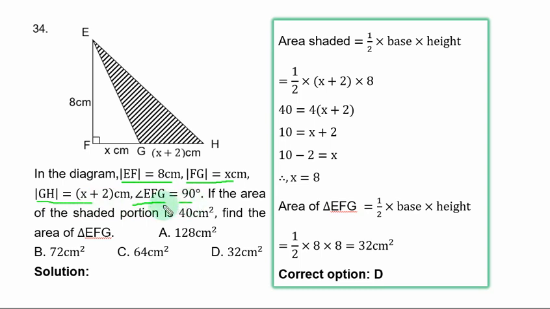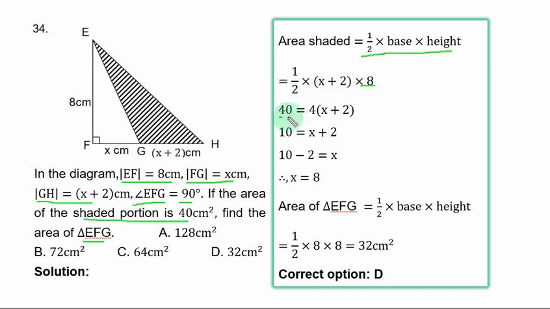If the area of the shaded portion is 40 square centimeters, find the area of triangle EFG. That is the unshaded part. Area shaded is half times base times height. That is 1/2. The base is x plus 2 for the shaded part. The height is also 8.